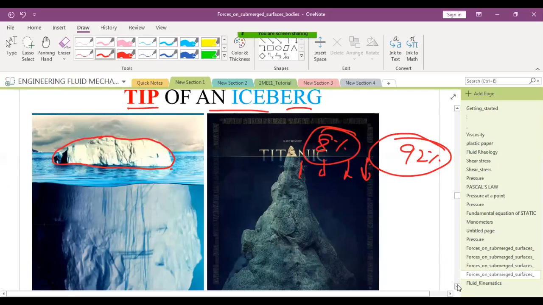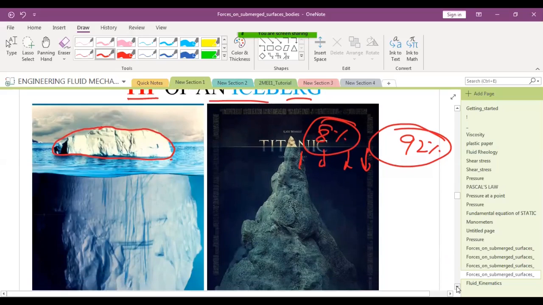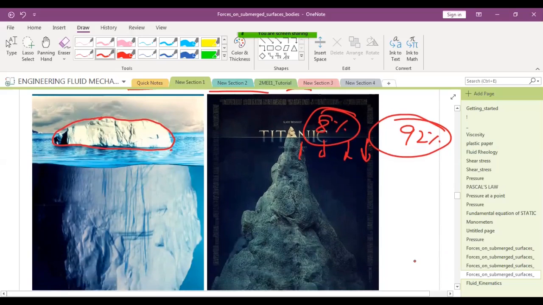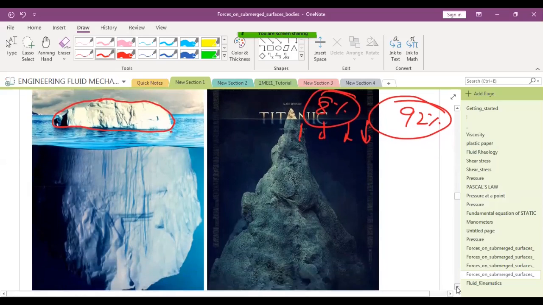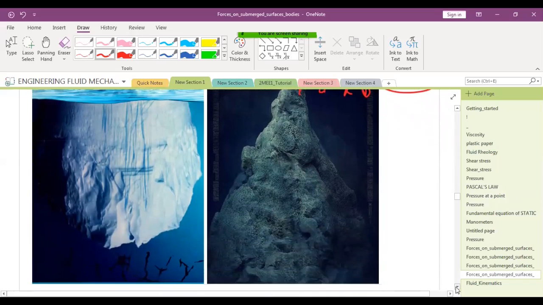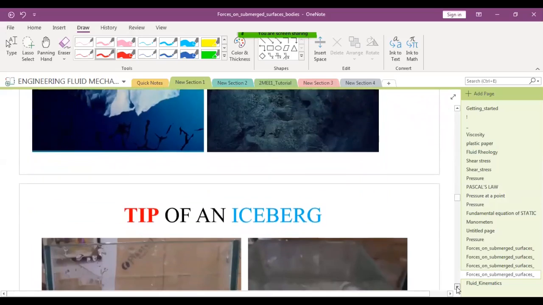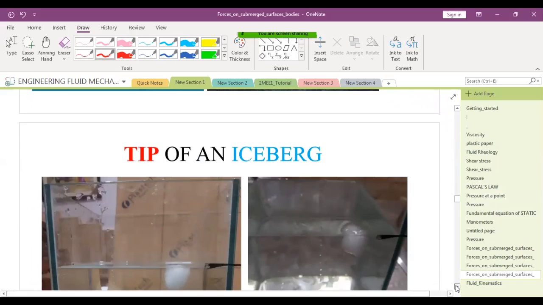So that's why it is actually the major cause of accidents in the Atlantic Sea, in Arctic seas and all those areas where there are low temperatures. So we carried out an experiment also.